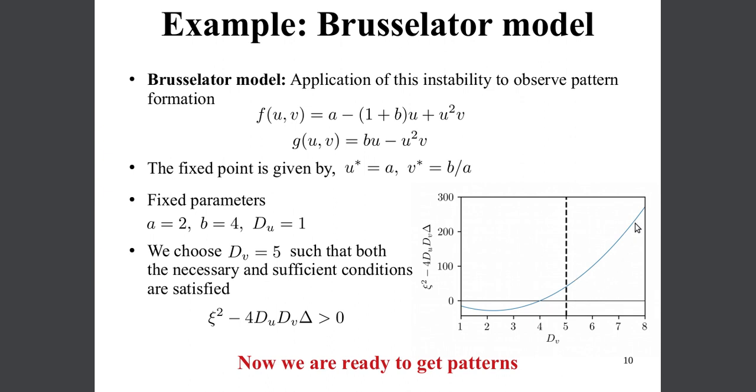As it is positive, in this regime if we take Dv, then we can have patterns. So I have taken here Dv equals 5, such that both the necessary and sufficient conditions are satisfied. Now we are ready to have patterns.